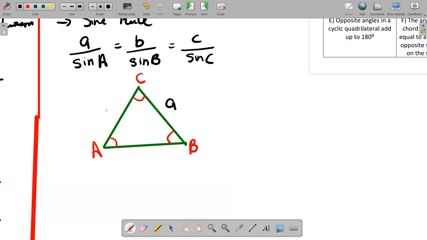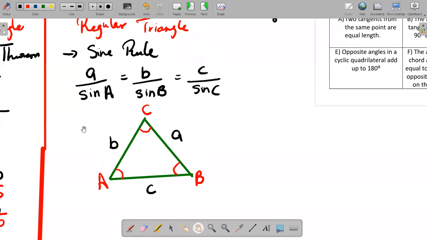What would over here be? Small b, very good. And here would be small c. So don't forget, the angle is always opposite of the side. So capital A is the angle and small a is the side. When you're answering these questions, it really comes down to making sure you do the correct substitution.